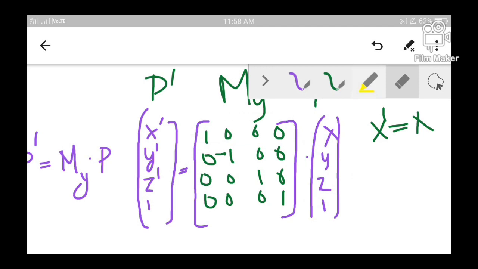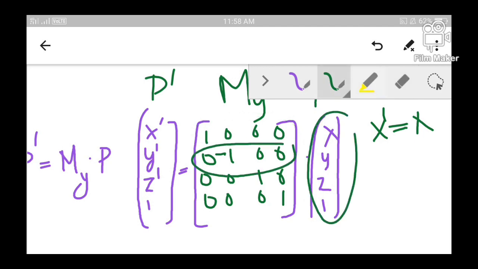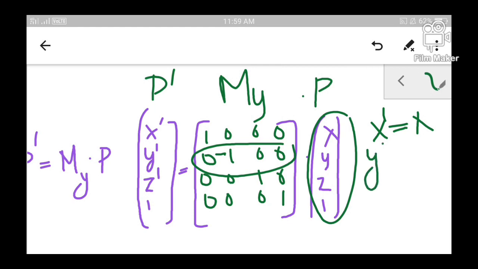Now let us multiply the second row with this column matrix. That means 0 into x plus minus 1 into y plus 0 into z plus 0 into 1. That means you will get the equation y dash equal to minus y, where only y is multiplied by minus 1 and all other terms are multiplied by 0.